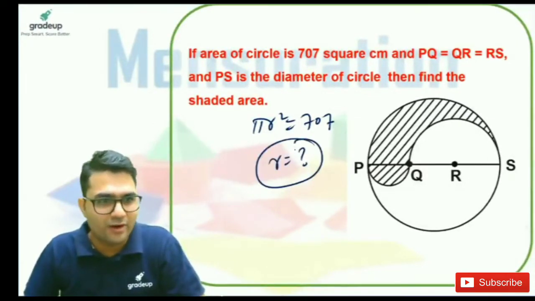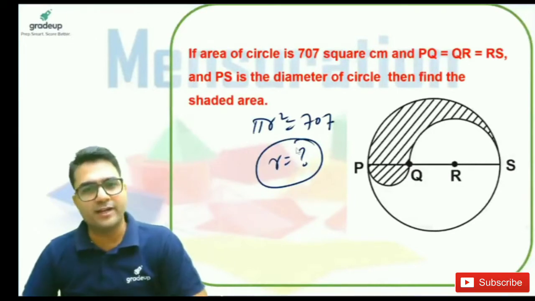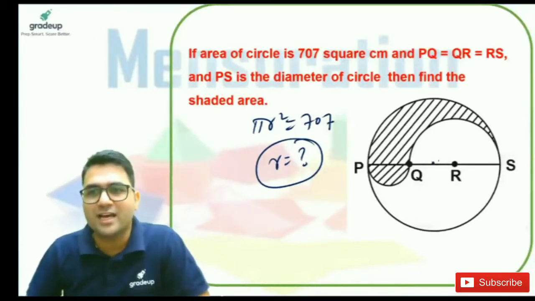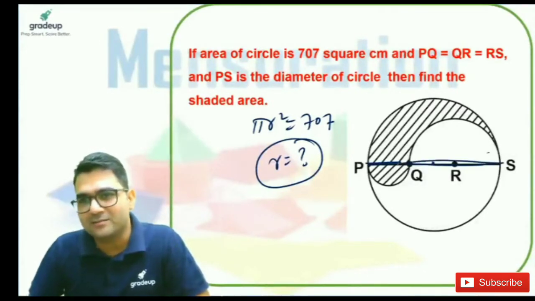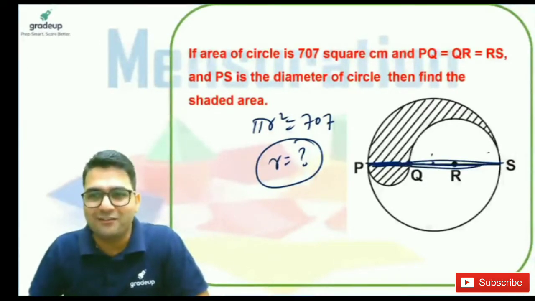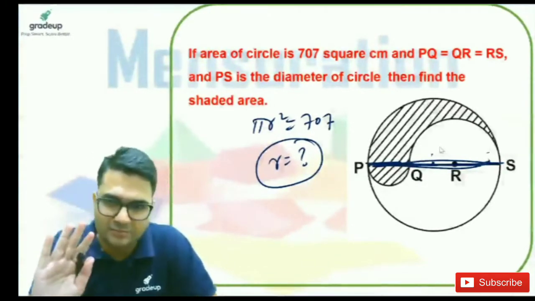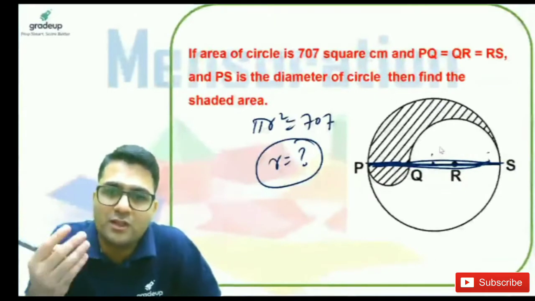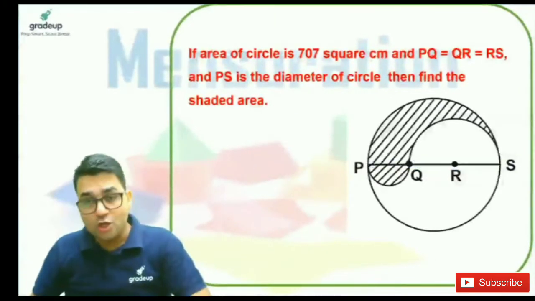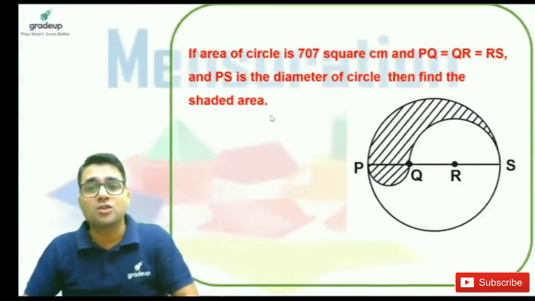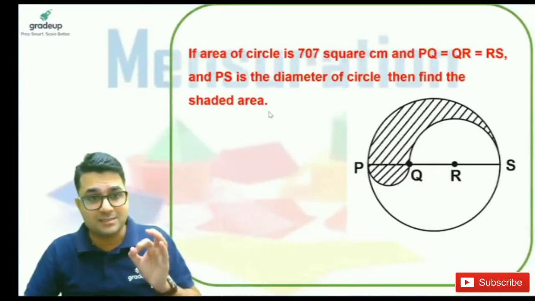Once they have the radius, they will find the diameter. Then they will divide this diameter into 3 equal parts. So they will process it like this. If you are doing it with the basics, but you need not do this question like this.